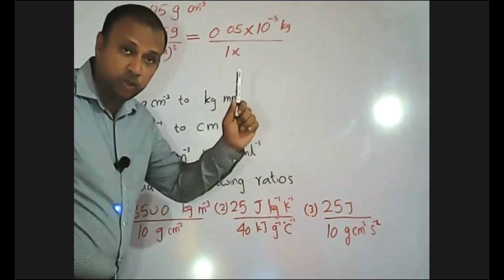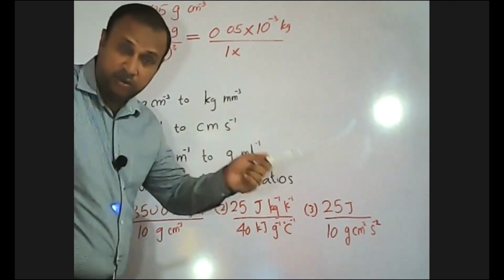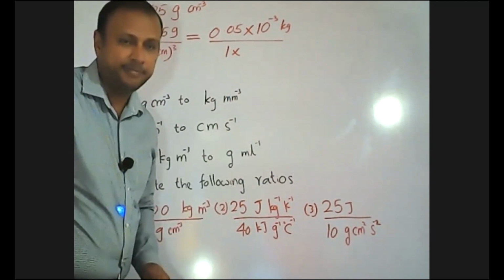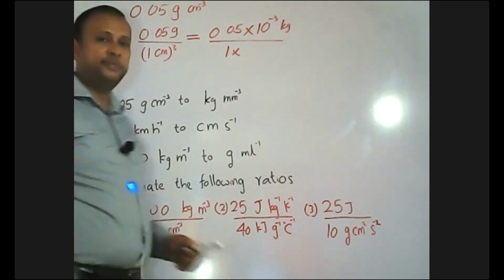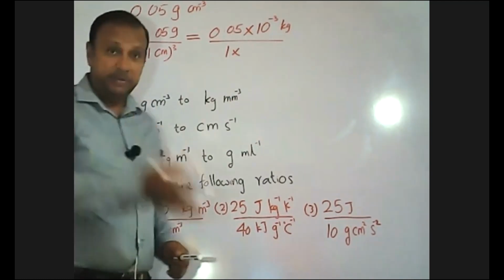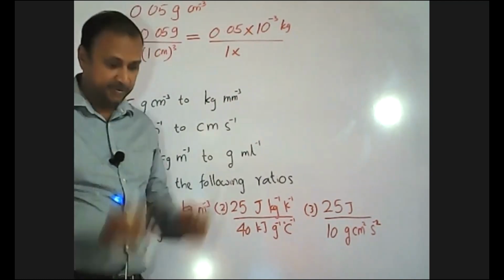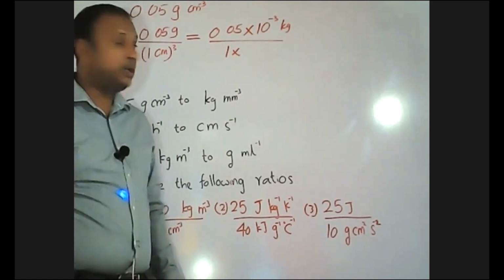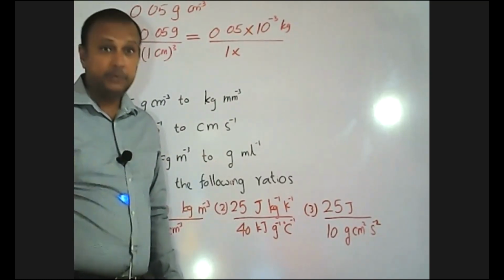Centimeter is 10 to the power minus 2. Millimeter is 10 to the power minus 3. That means the ratio between them is 10. I think you know that one, no? There are 10 millimeters per 1 centimeter. In your ruler, there are 10 millimeters per 1 centimeter.